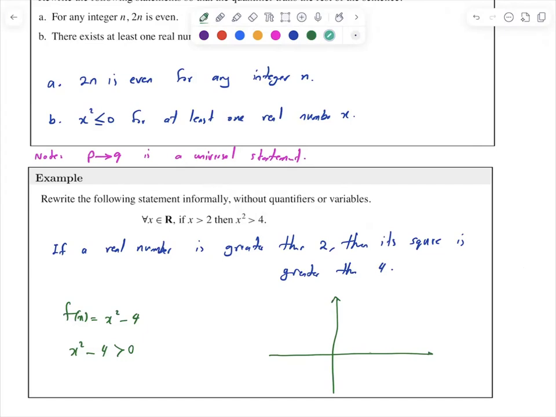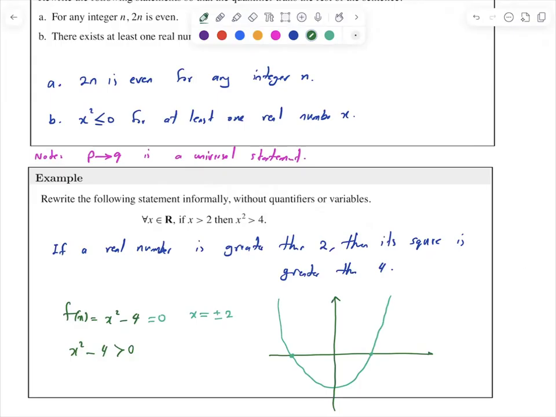X passes at 2 and negative 2. When you set this equal to 0, x is plus or minus 2. And if you plug in 0, you get negative 4. So you can visualize this quadratic function this way. Correct?